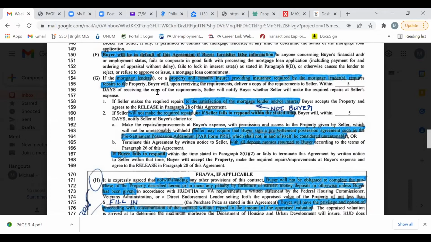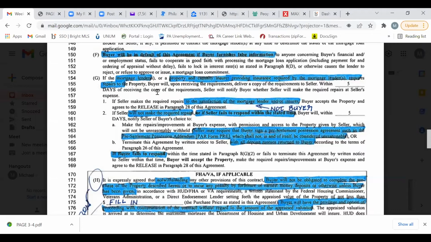One, if seller makes the required repairs to satisfy the mortgage lender and or insurer, buyer will accept the property and agree to the release in paragraph 28 of this agreement. Two, if seller will not make the required repairs, or if seller fails to respond, okay, within the stated time frame, buyer will, within 5 days, notify seller of buyer's choice.